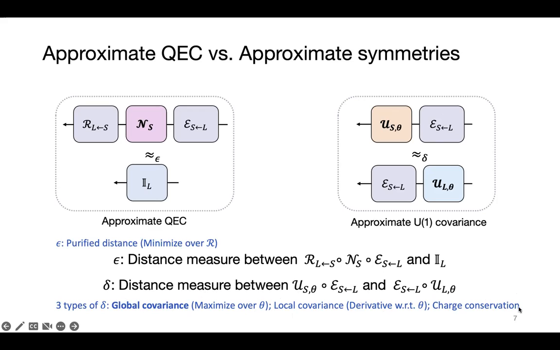And one could even consider the charge conservation, which is kind of the difference between the input charge and output charge given a quantum state. In fact, for the sake of time, I'm going to only focus on this global covariance violation in this talk, while the results on the other types of definition are contained in our paper.